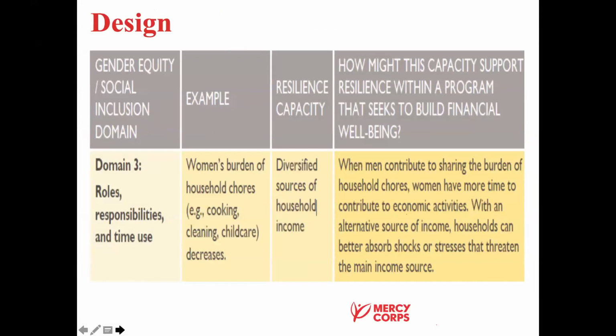So when you look at this, you realize there are programs, and I know we have some programs presented in this meeting, that are looking at making sure that households have alternative sources of income so that they can better absorb shocks or stresses that threaten the main income source. Most probably the main income source is from a man in this household.